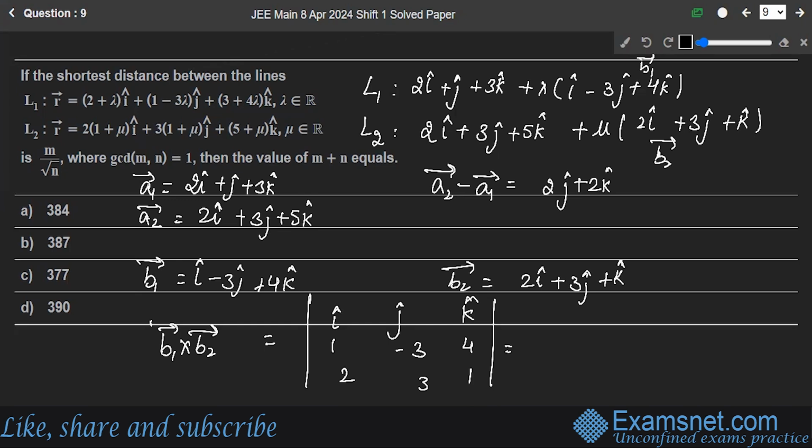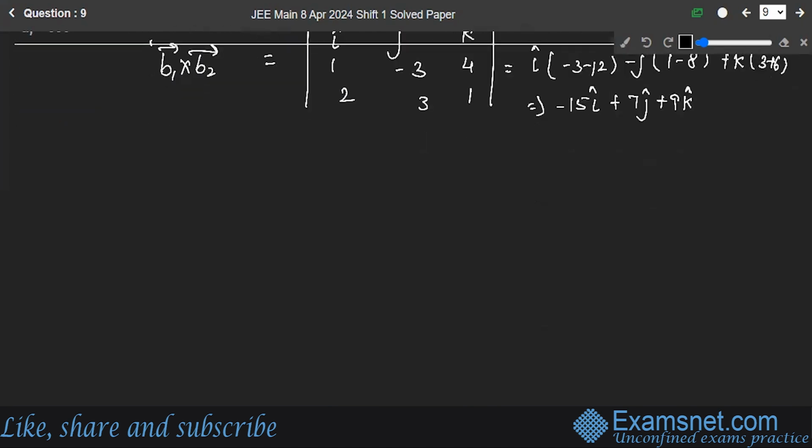Solving this will give you i into minus 3 minus 12, j into 1 minus 8, k into this. So this is minus 15i, minus 7j, and 9k, right?